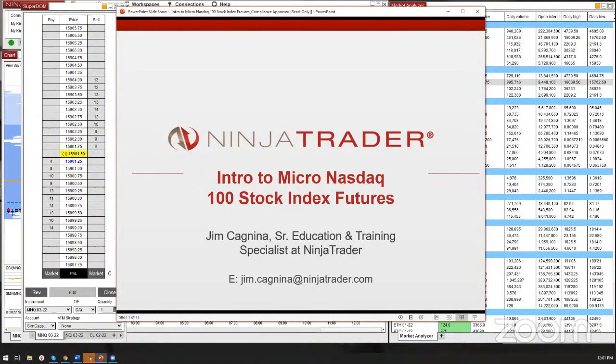It's kind of become a regular phenomenon, and the nice thing about it is you're able to match up your account size with the market you want to trade in a reasonable way. I'm going to make the case today that the micro Nasdaq does just that, and presents us with some opportunities. So we're going to go into detail on this.